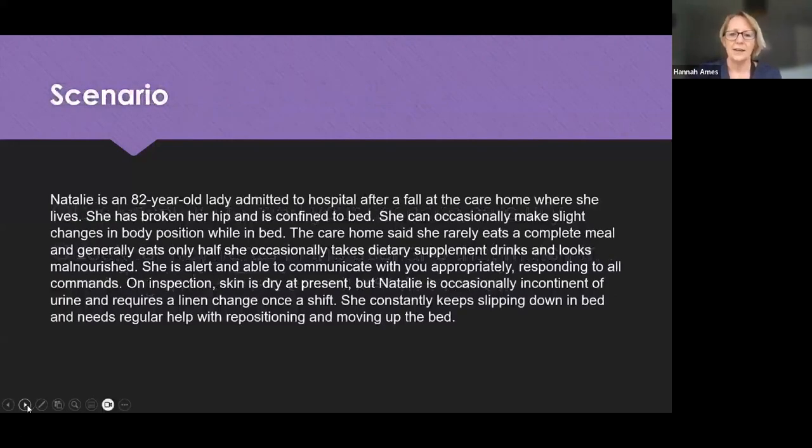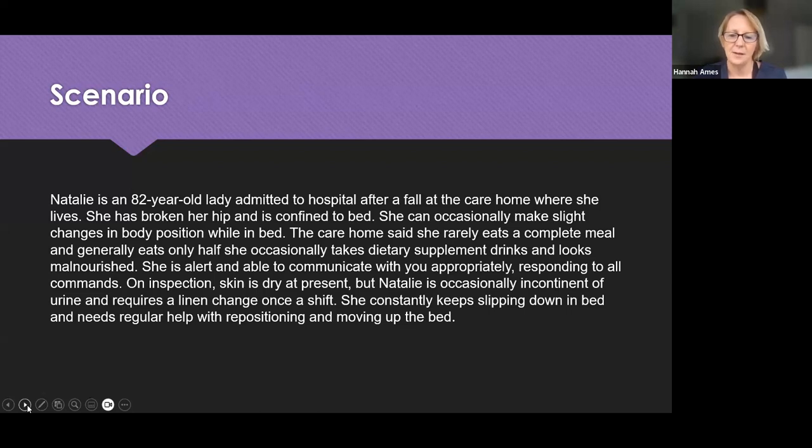So we've got a scenario here. We've got Natalie. She's an 82-year-old lady admitted to hospital after a fall at a care home where she lives. She has broken her hip and she's confined to bed. She can occasionally make slight changes in her body position while in bed. The care home says she rarely eats a complete meal and generally eats only half. She occasionally takes dietary supplement drinks and looks malnourished.